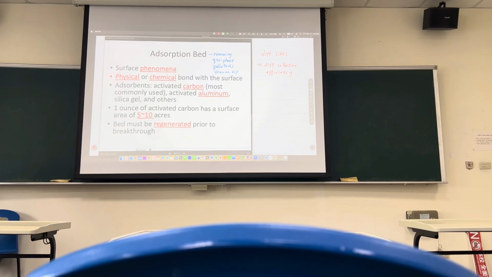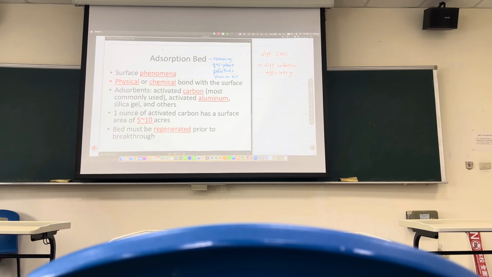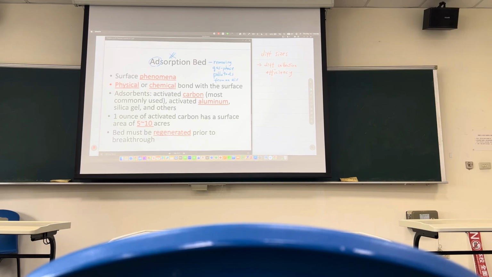So as we know, adsorption actually is a surface phenomenon. This means the pollutant molecules will not go deep inside. Last time I already told you, adsorption is not equal to absorption.